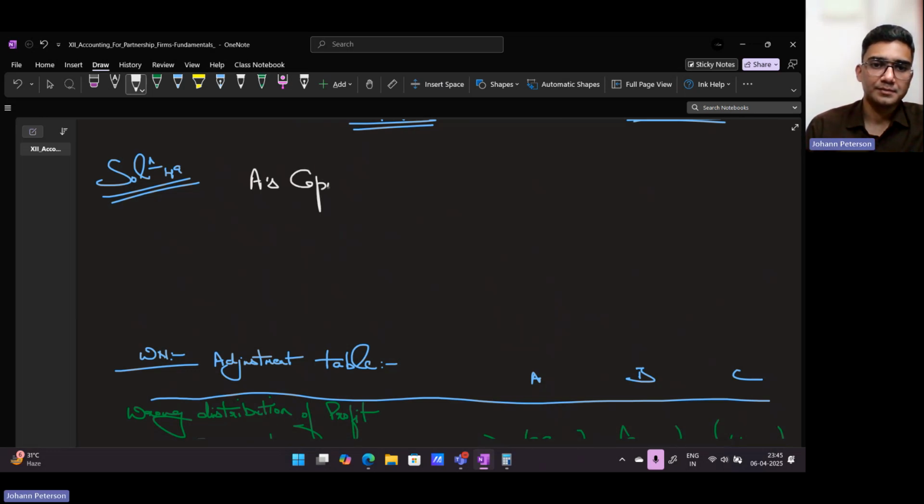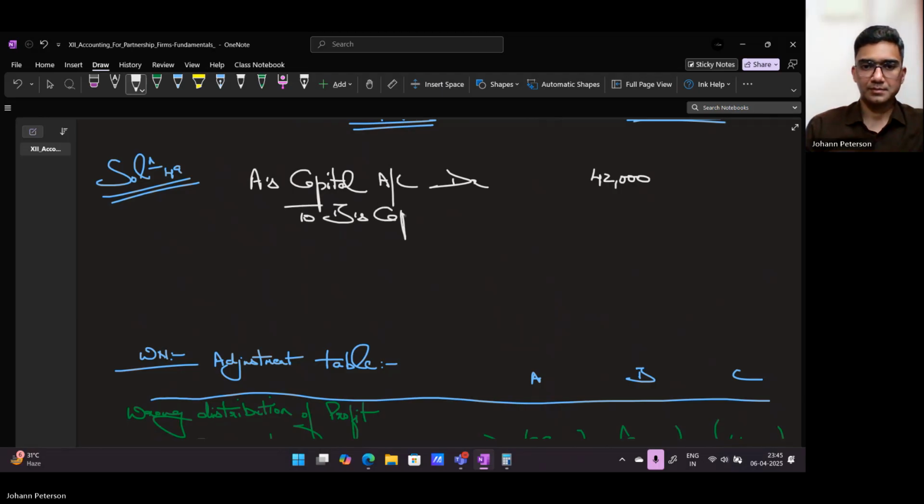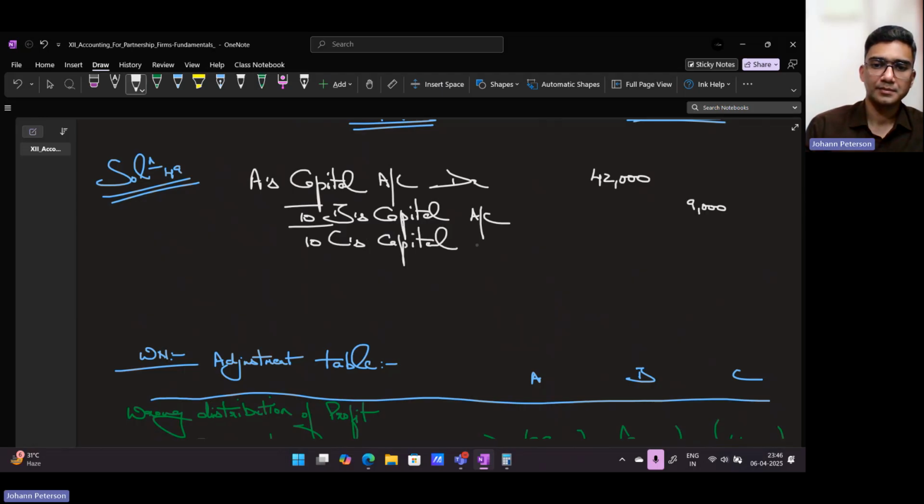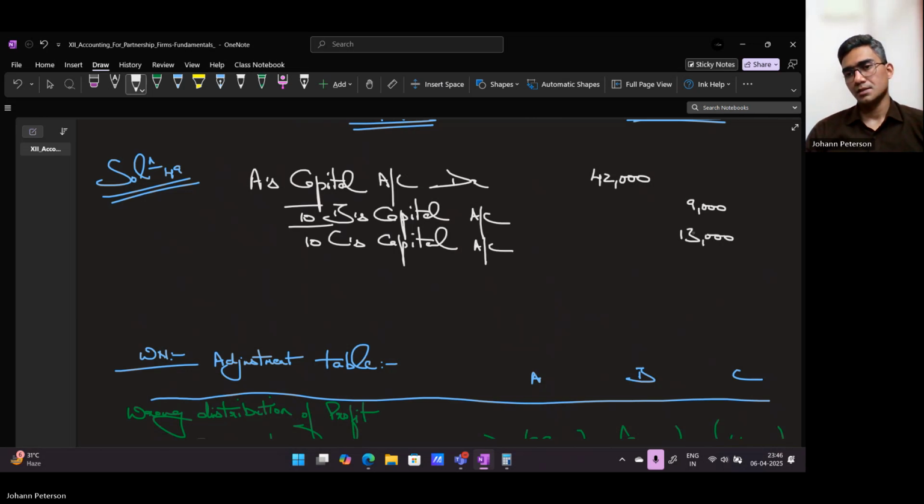A's capital account debit 42 to B's capital account 9 and to C's capital account 13. Now 13 plus 9 is 22, and we have a balancing figure of 20,000.